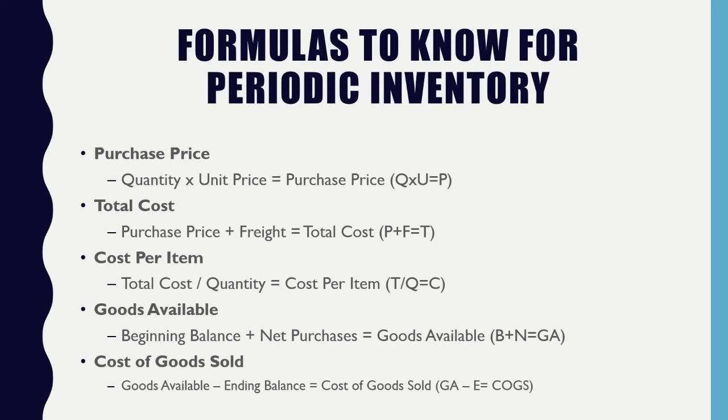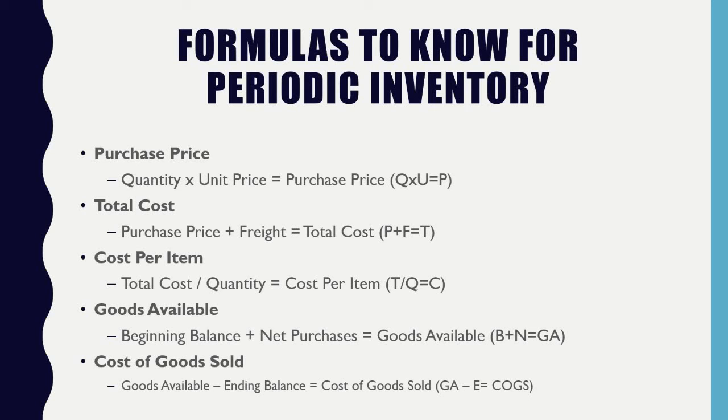Now that you recognize what the worksheet looks like, the bottom half deals with your goods available and your cost of goods sold, which we've already recognized how to do. When dealing with cost of goods available, we add our beginning inventory plus our net purchases to get the goods available.